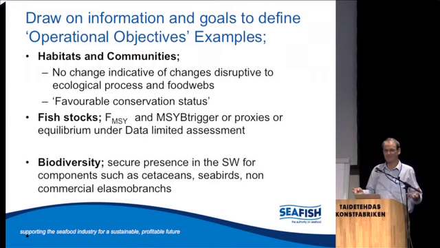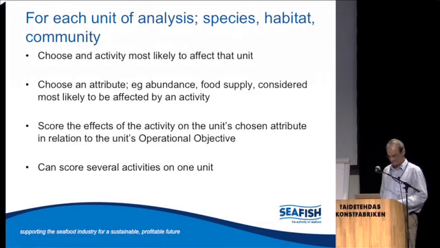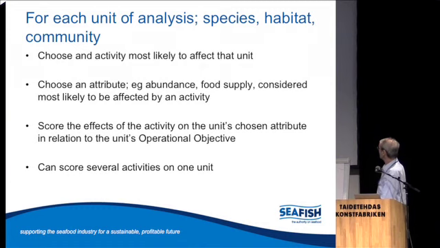You could argue we're making it up as we went along, but we had those goals to start with, to be able to refer back to and say, well, we chose to use this operational objective because you set us these goals. So it's a line of sight approach. What you do is you choose for each unit of analysis, the species, habitat, community, the activity that is most likely to affect that unit, and choose an attribute, abundance, food supply, or whatever, considered most likely to be affected by that activity.